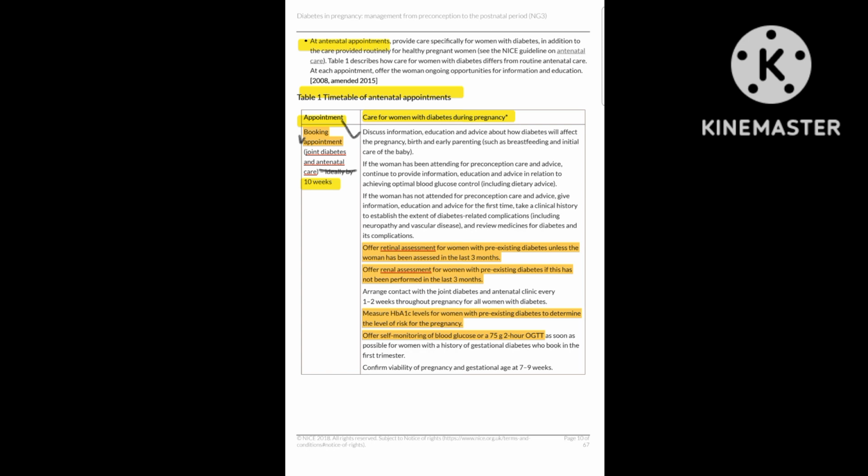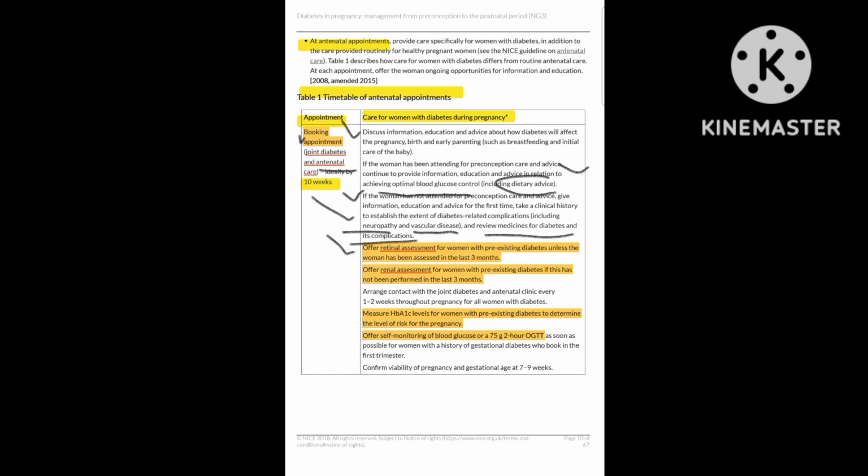If the woman has been attending for preconception care and advice, continue to provide information, education, and advice in relation to achieving optimal blood glucose control, including dietary advice. If the woman has not attended preconception care, give information, education, and advice for the first time. Take a clinical history to establish the extent of diabetes-related complications including neuropathy and vascular disease, and review medicines for diabetes and its complications.